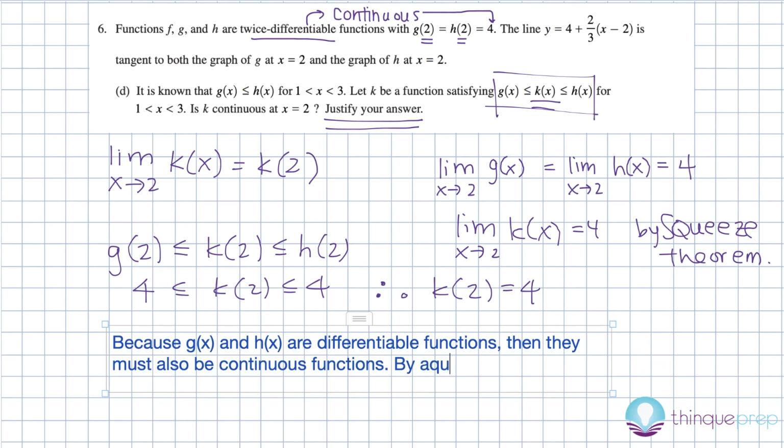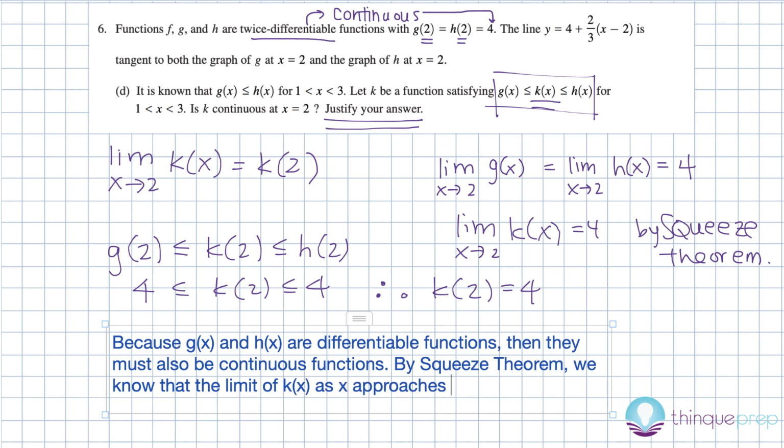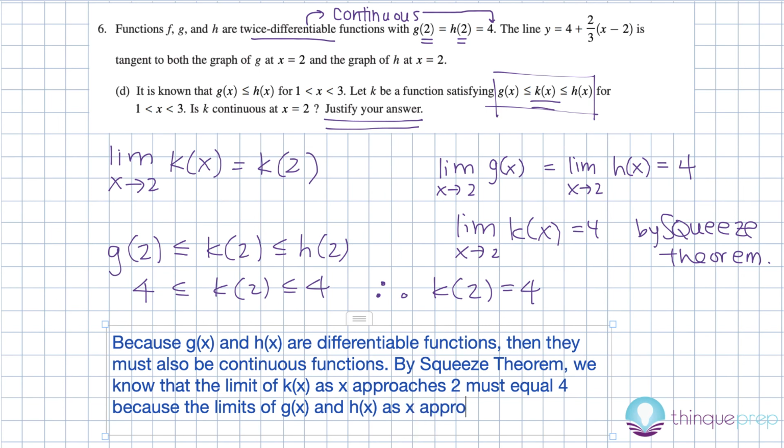By squeeze theorem, we know that the limit of k of x as x approaches 2 must equal 4 because the limits of g of x and h of x as x approaches 2 equals 4.